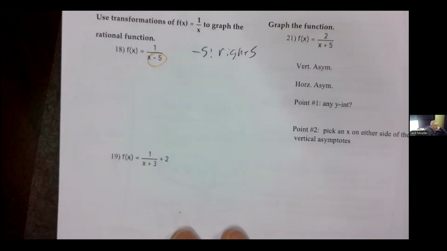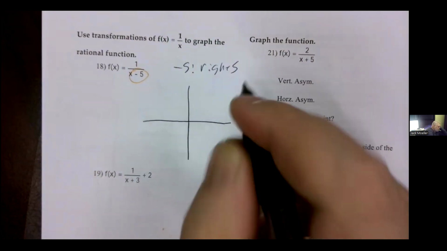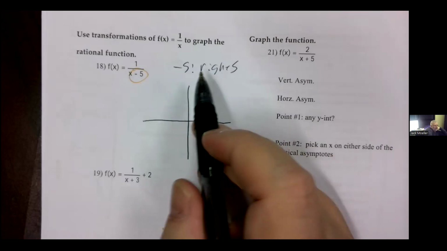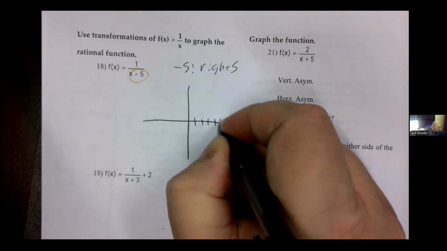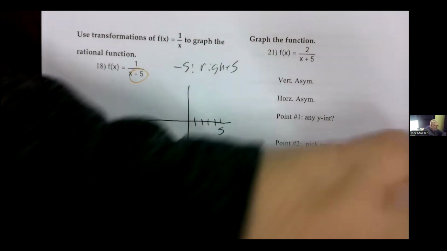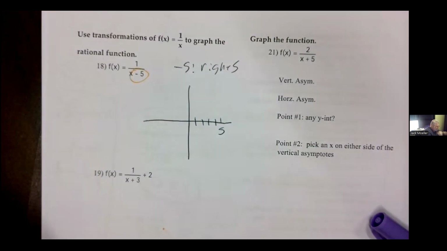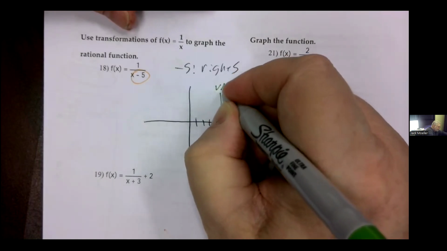So here's my question. What is moving right 5? Well, right and left moves your vertical asymptote. What's going to happen over here at 5? Now our vertical asymptote is going to be moved over to 5.